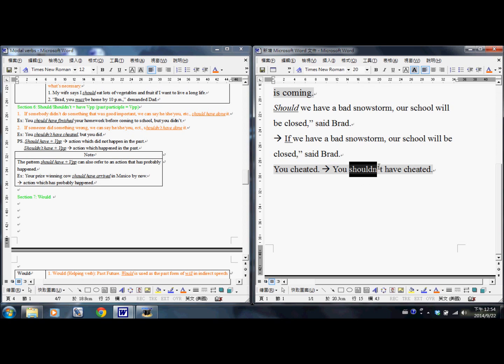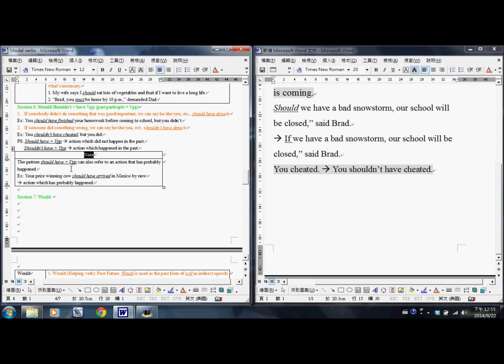So you can see that shouldn't with have and verb PP. Alright, let's look at PS. Should have with verb PP, actions which did not happen in the past. So we use should have with verb PP means something was actually good but that person didn't do. And we use shouldn't have with verb PP to talk about an action which happened in the past but it was bad, and you shouldn't have done so.